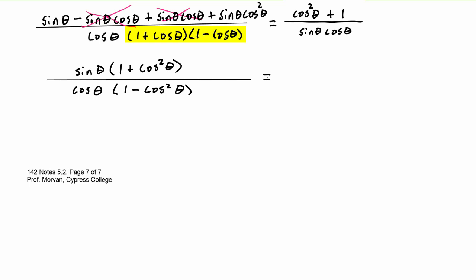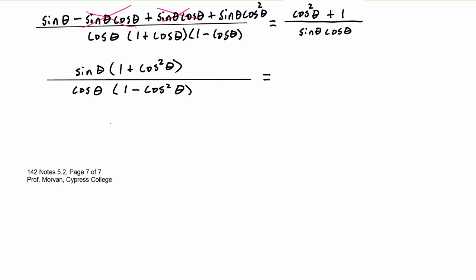And the reason I want to do that is once I had this sine of theta in the numerator, I see that I want this to turn into sine squared theta so that I can do a canceling.